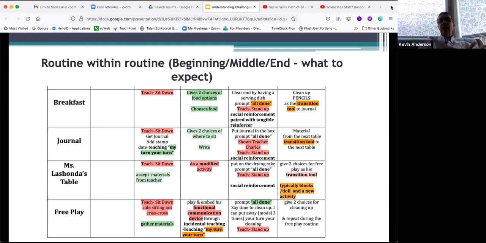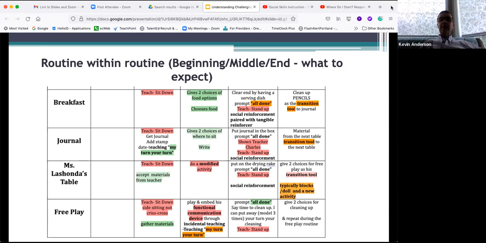So when the child goes to breakfast, what is the beginning part of coming to breakfast? So for this child, the beginning of breakfast is actually coming over and sitting down. And in this case, this team, we actually took this from a preschool class of kids about to go off to kindergarten. For this particular child, they've identified some skills in red that they are actively teaching during breakfast.